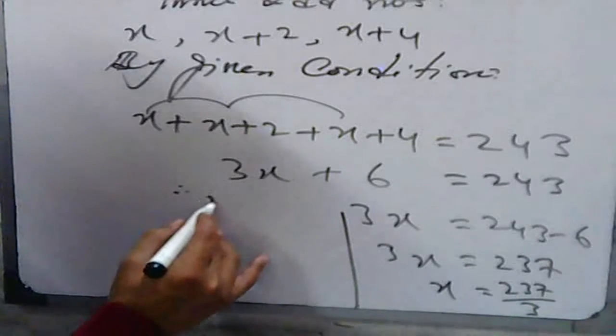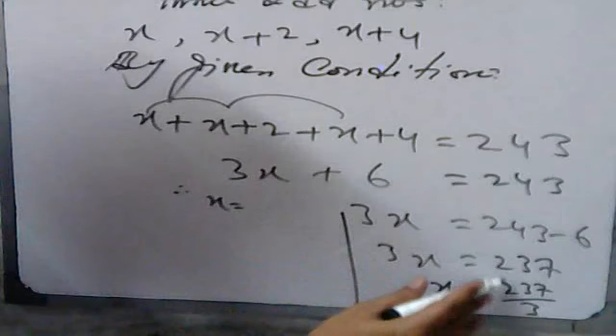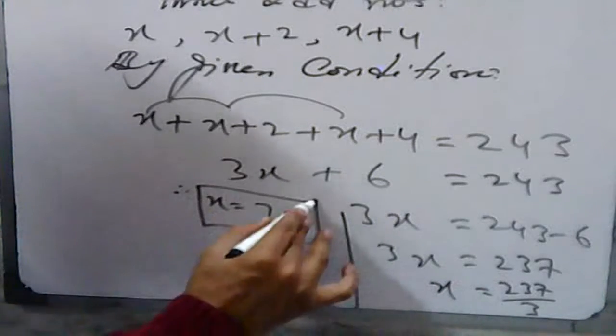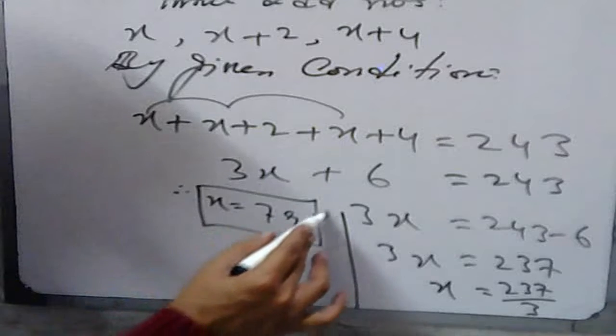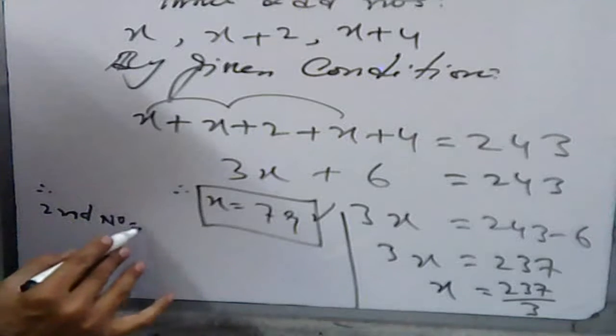One odd number is 79, therefore the second odd number will be equal to x plus 2, so 79 plus 2, you will get 81.